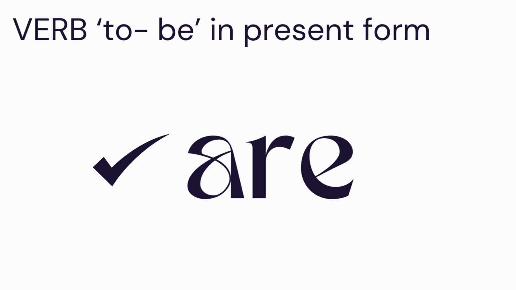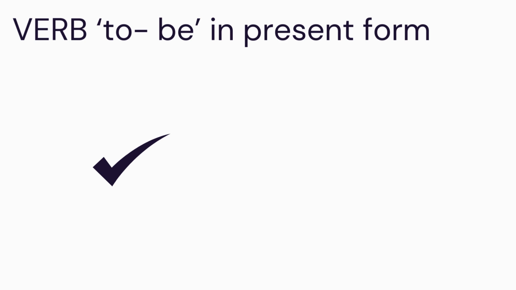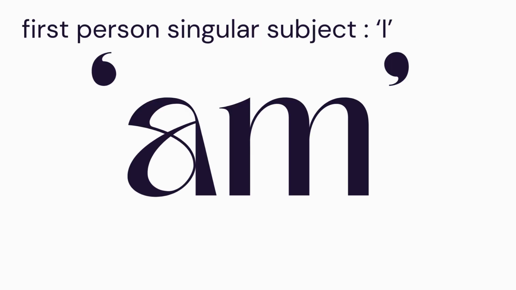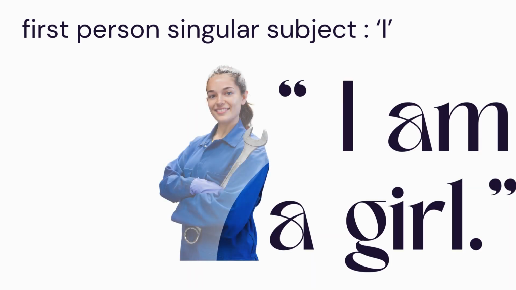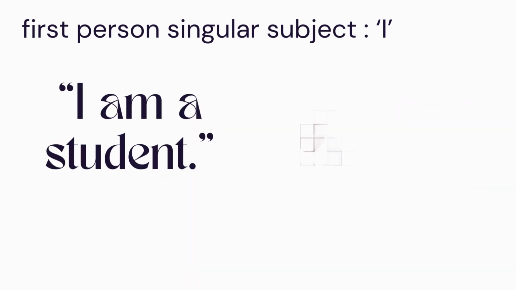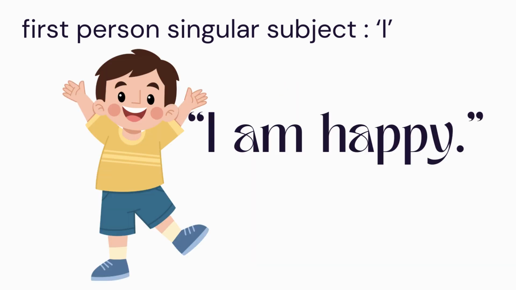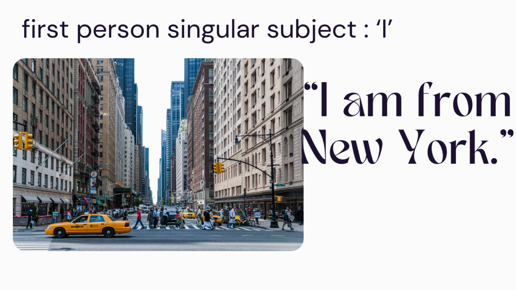These forms of verb to be differ in usage. So here is the trick. Am is used with the first person singular subject, I. So you have something like, I am a girl. I am a student. I am happy. I am from New York.